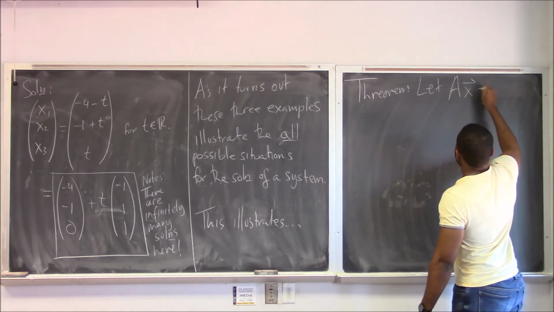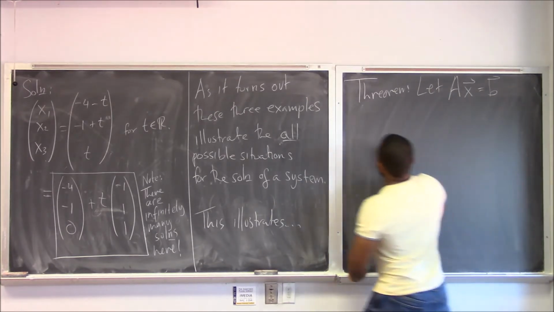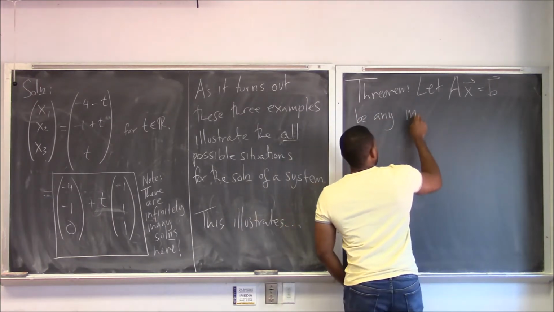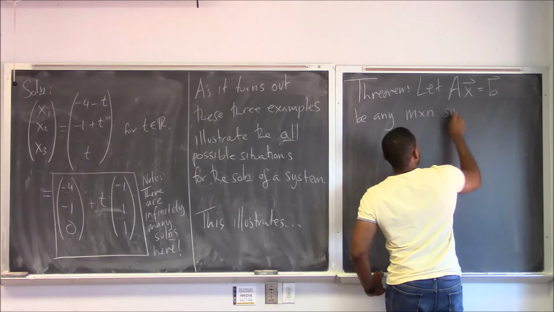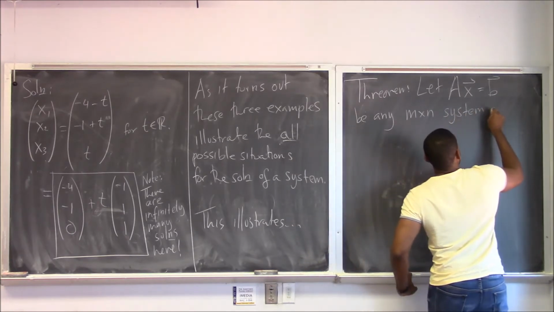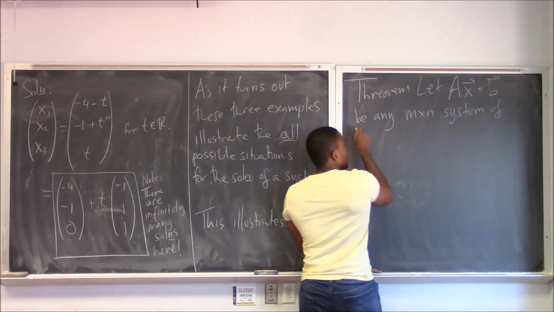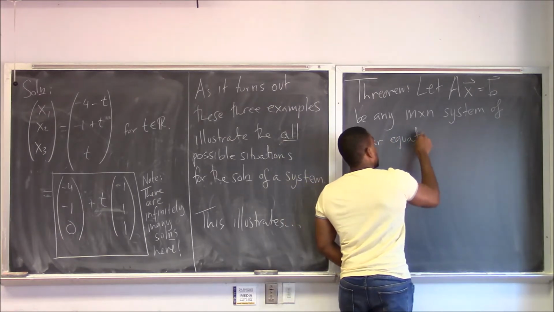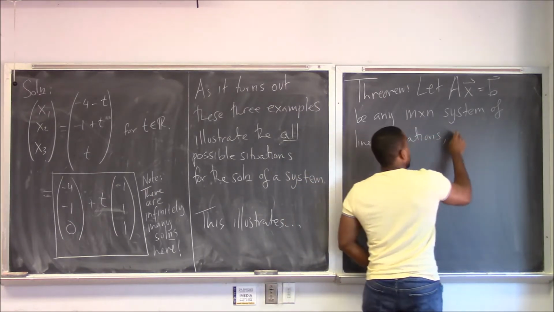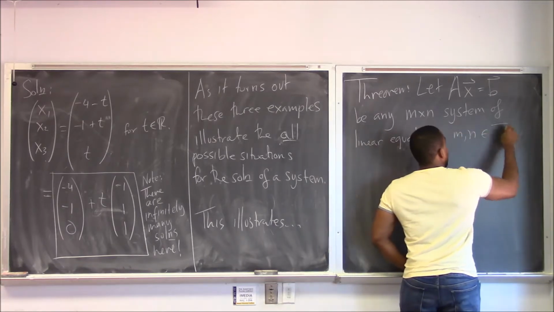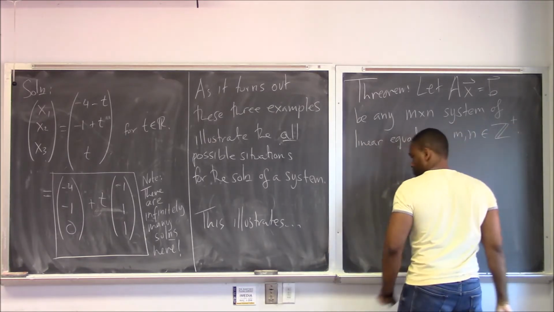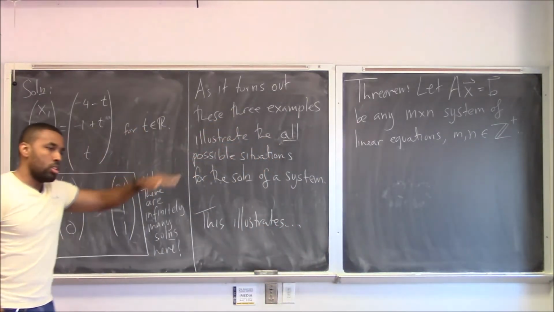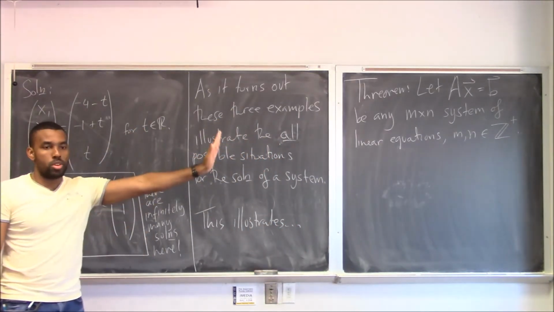Theorem. Let AX equals B be any m by n system of linear equations, where m and n are positive integers. Right? So remember, m is what we call the number of equations, and n is the number of variables.